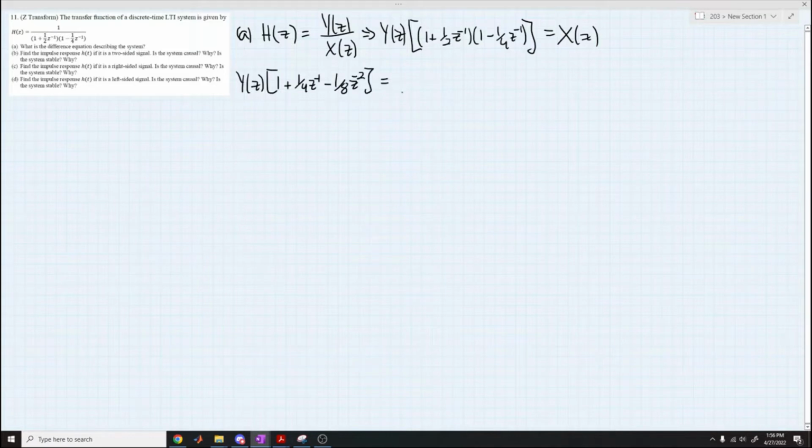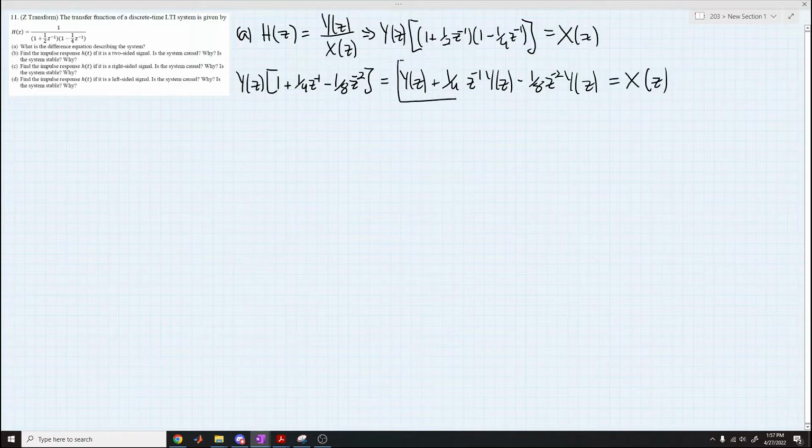And that's going to equal, if we distribute that Y in there, Y of z plus 1/4 z to the negative 1 Y of z minus 1/8 z to the negative 2 Y of z, and that is all equal to X of z.